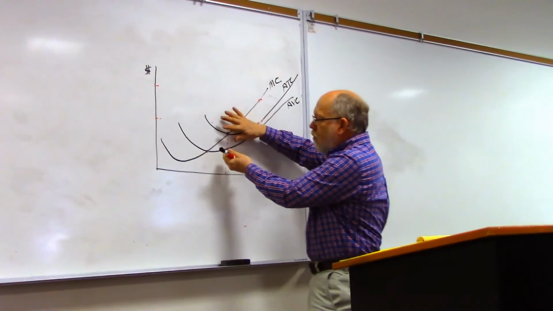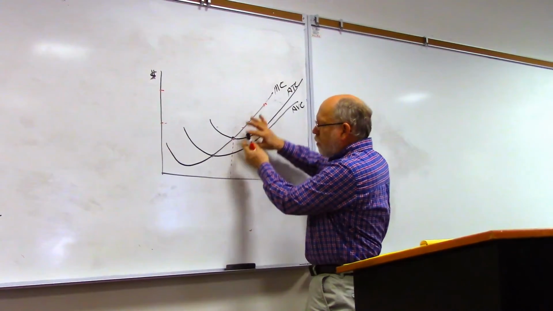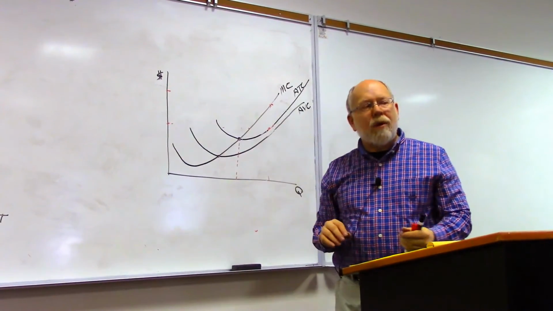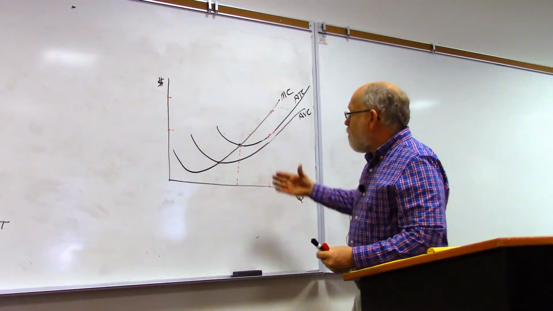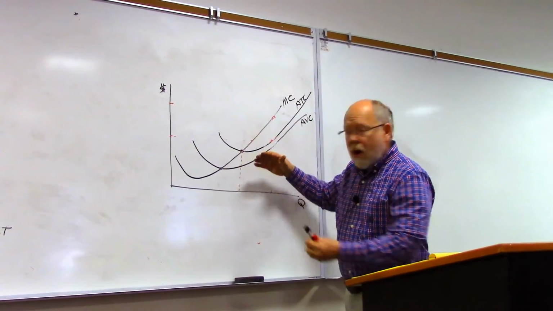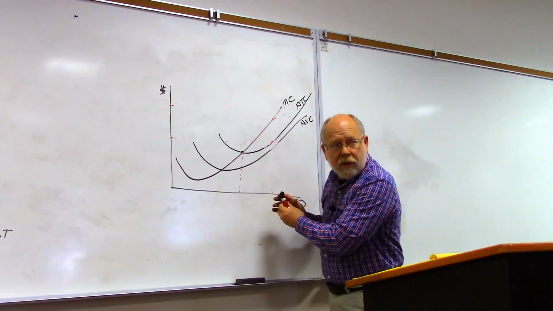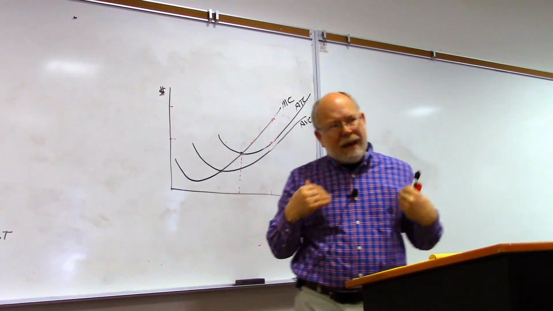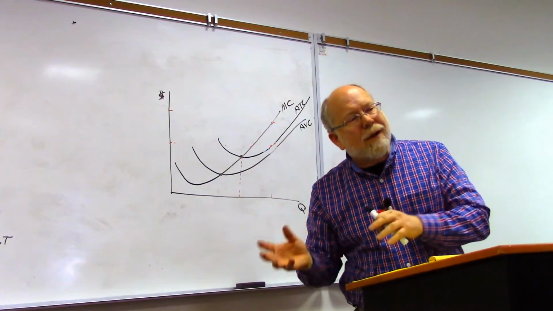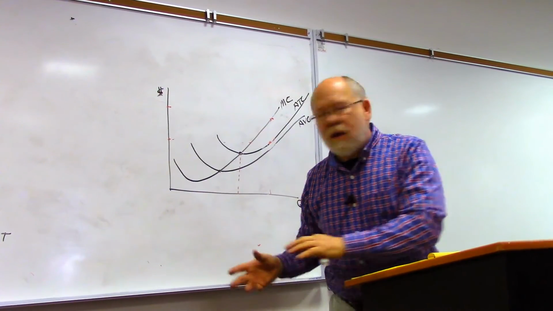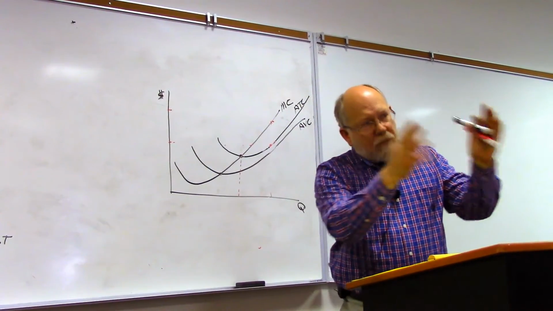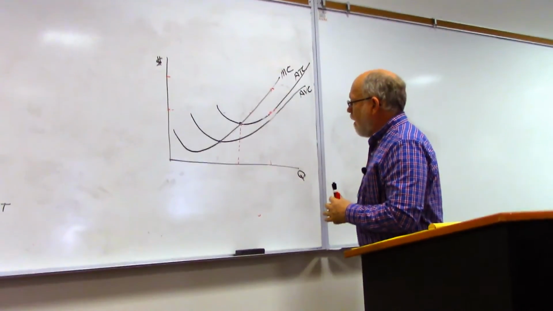So if there's some firm that has a lower cost structure than our firm because they're operating more efficiently, they might be able to make a profit at a low price where we're taking a loss. And so the market's going to drive us out because we're inefficient, and it's going to tend to give the profit and all the gravy to this firm out there that's more efficient than us.